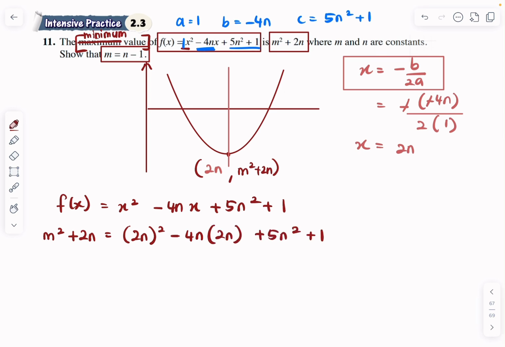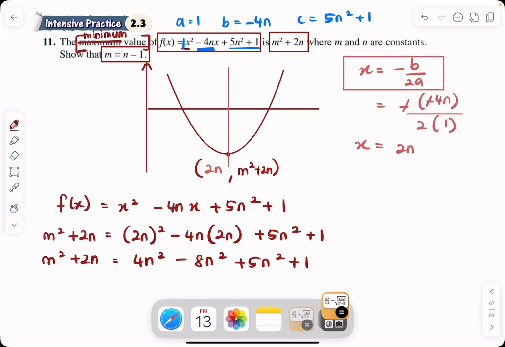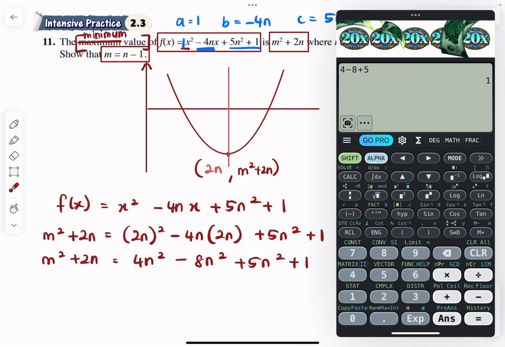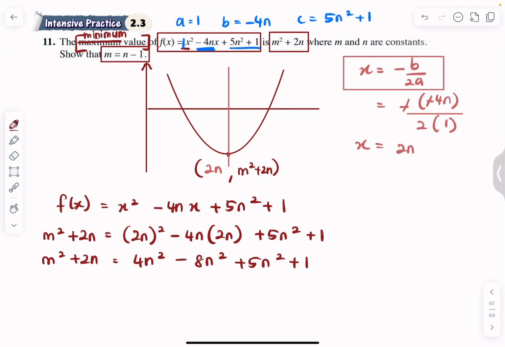Then we expand this: 4n squared minus 8n squared plus 5n squared plus 1. So 4 minus 8 plus 5 is 1, so it's 1n squared.